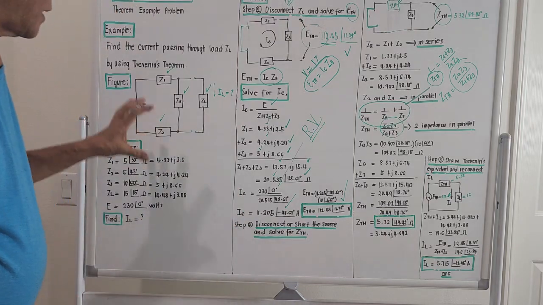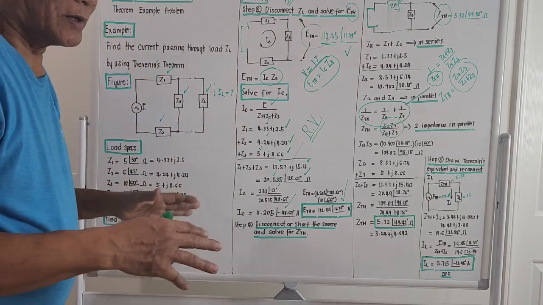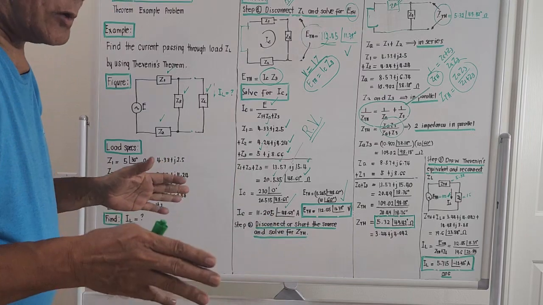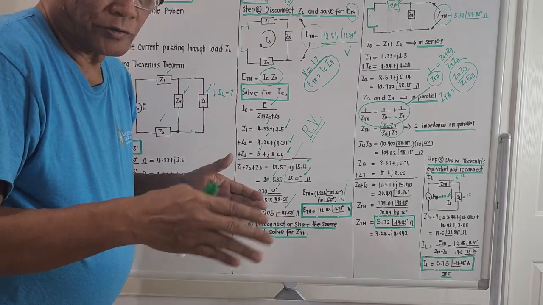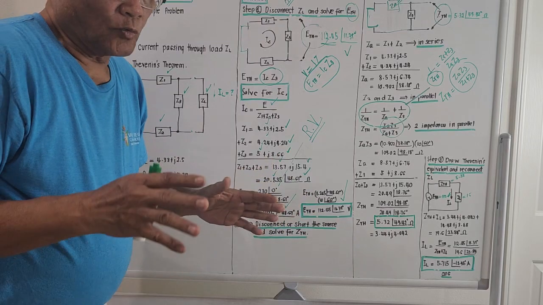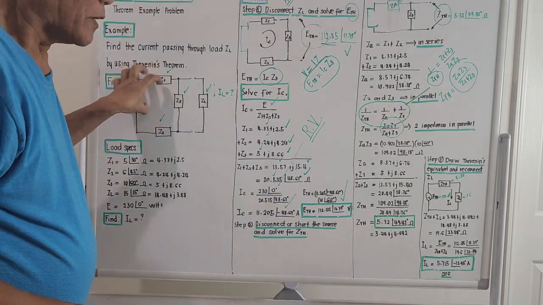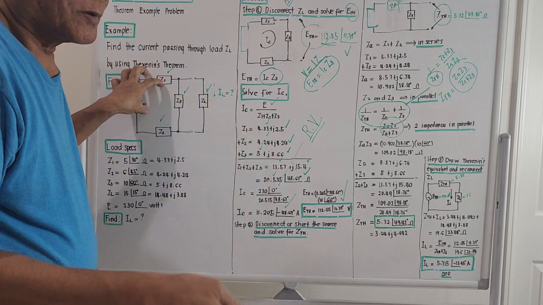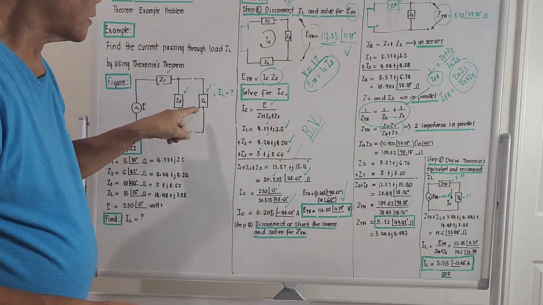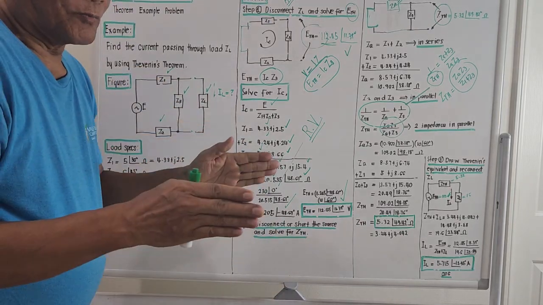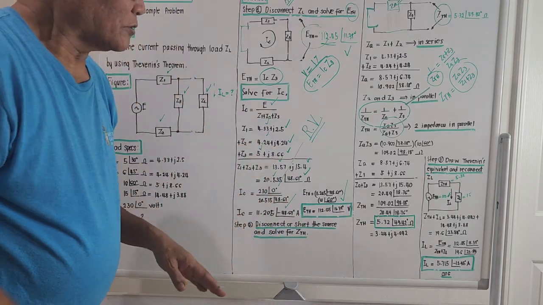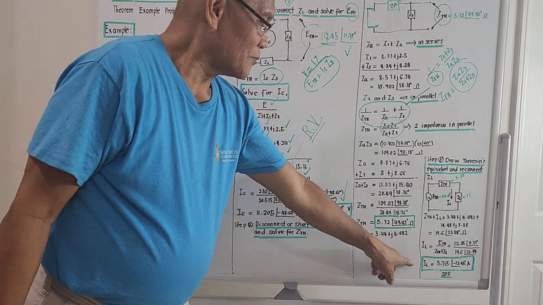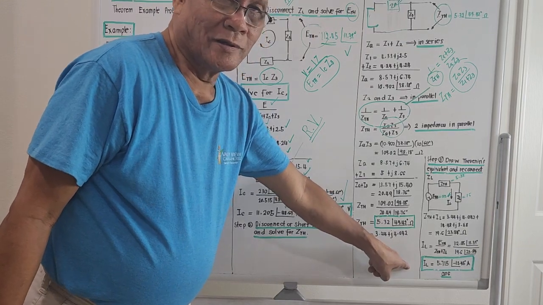Take note of this problem because the next time around, we will be discussing another advanced solution, maybe Norton's theorem, and we will be solving again the same problem. That problem still will be asking the current passing through here. So by using another advanced solution, we should produce the same load current of 5.715.